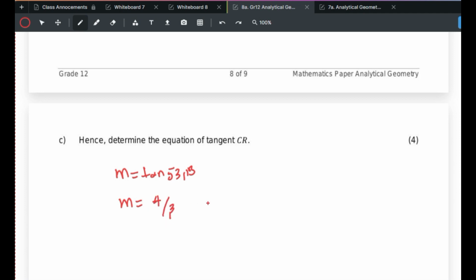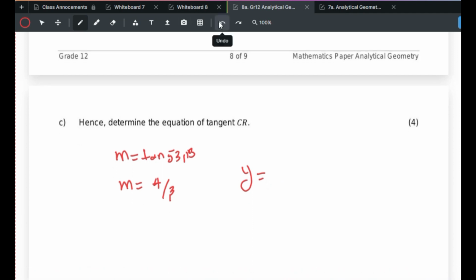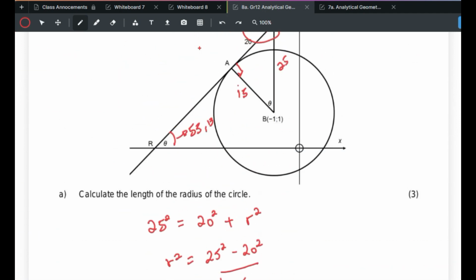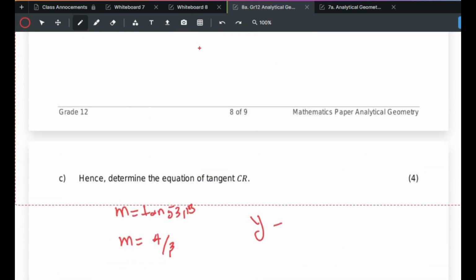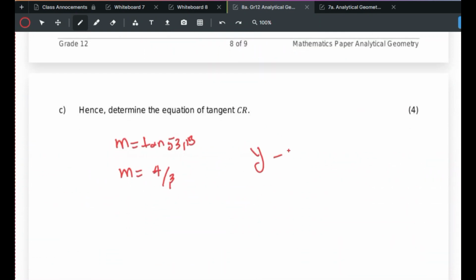Okay. So we have y minus y1, so it's y minus 26 equals 4 over 3 times x plus 1. So we have y equals 4 over 3 x, and this will also be 4 over 3.